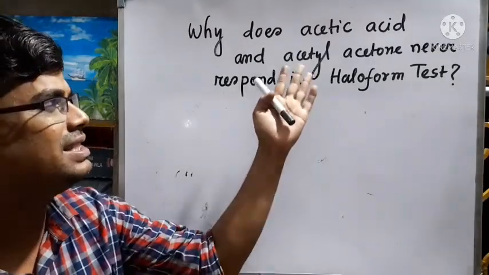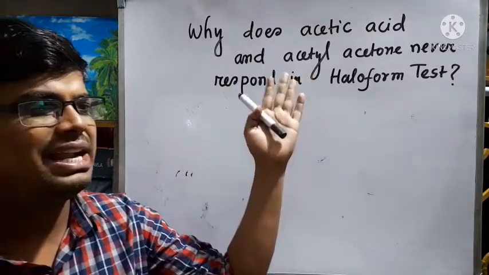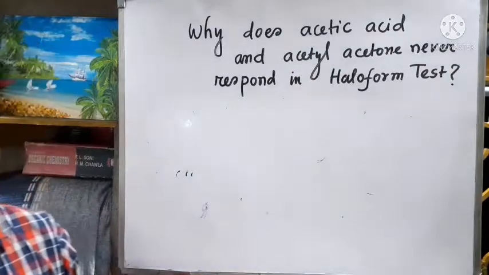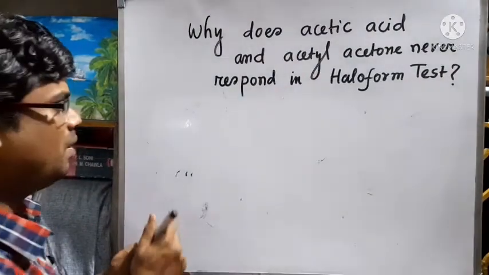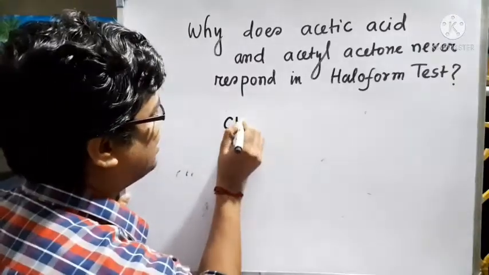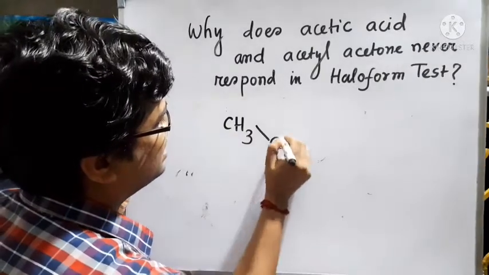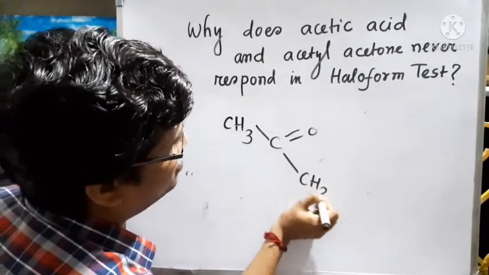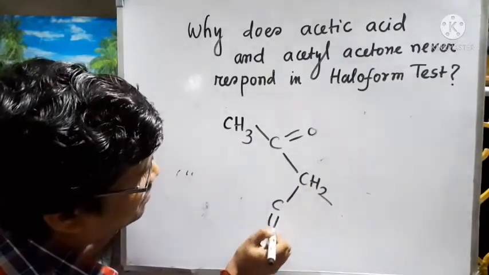It is synthetically very important, and even some complexes are prepared by using these ligands. So it has a ligating behavior. Now we draw the structure of acetyl acetone: CH3, C double bond O, CH2 and C double bond O.